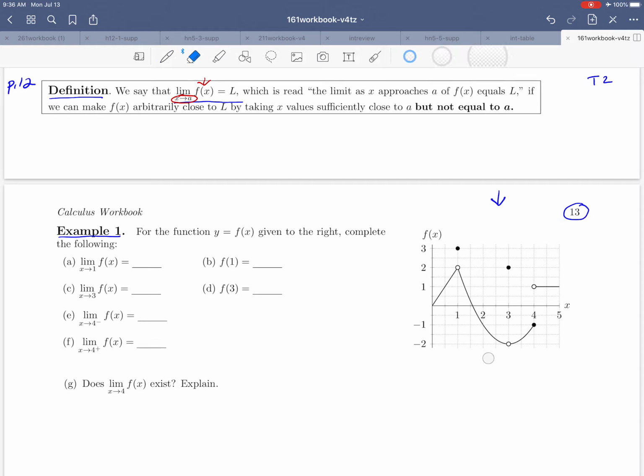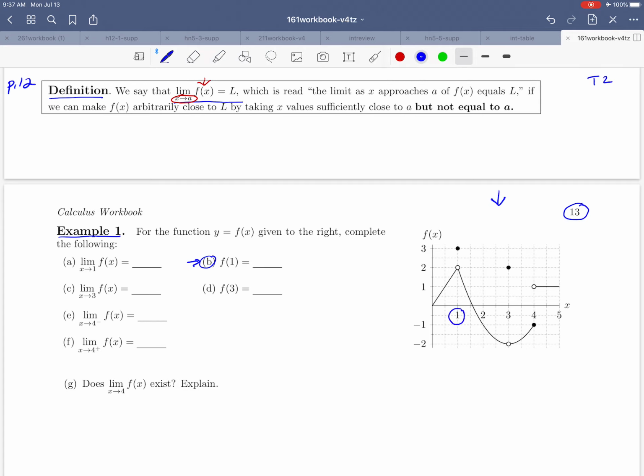Let's jump over to the questions they're asking us, and I'd actually like to start with B here, the calculation of f of 1. That's asking us to just take the number x equals 1 and substitute it into the function and give the y value. So x equals 1 is sitting here.